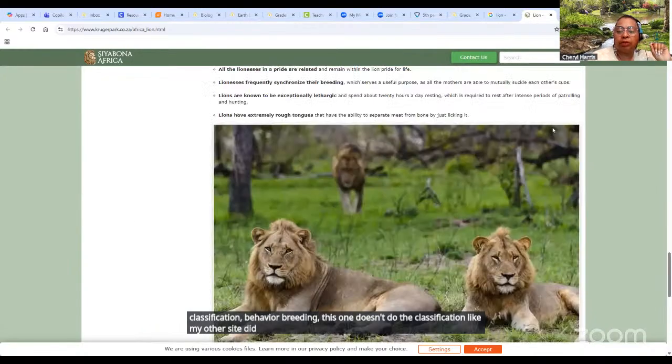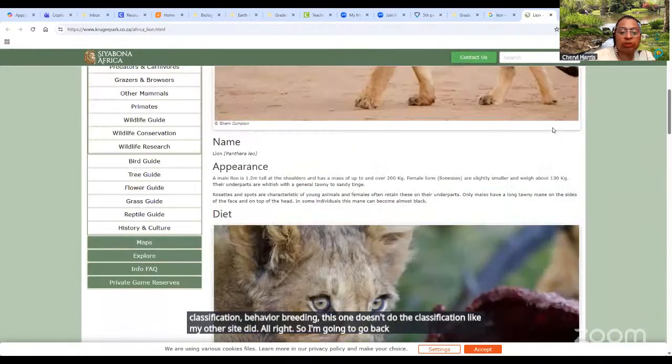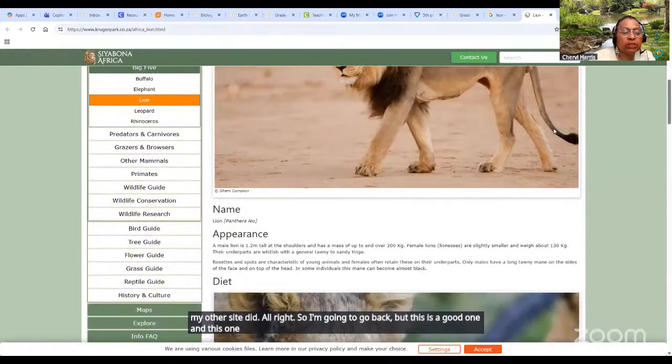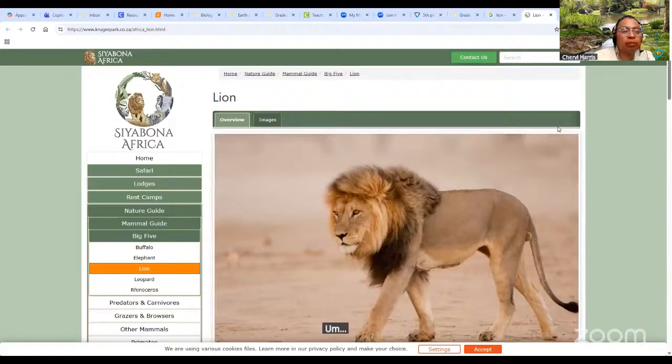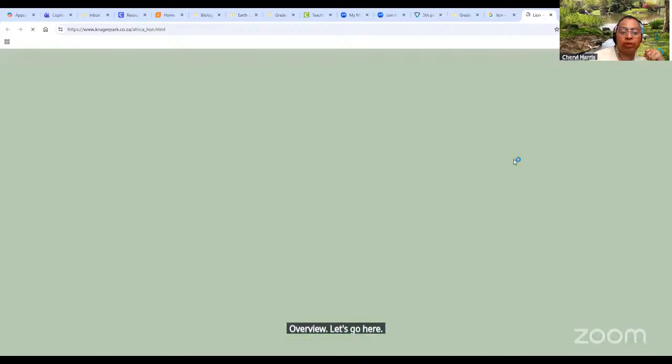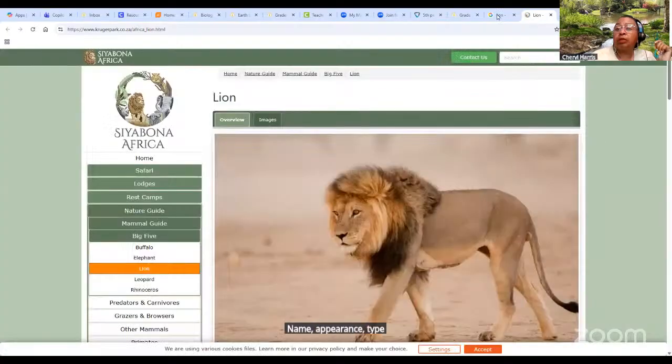All right, so I'm going to go back. This is a good one, and this one had good pictures. Let's go here: overview, name, appearance, diet. So that is it. Let me pick the other one that I had.